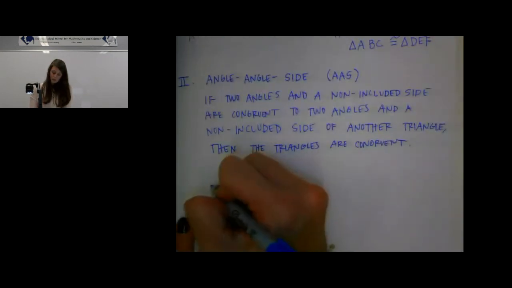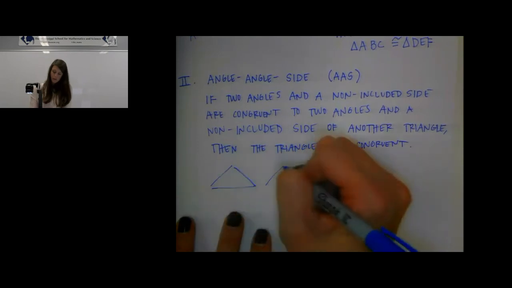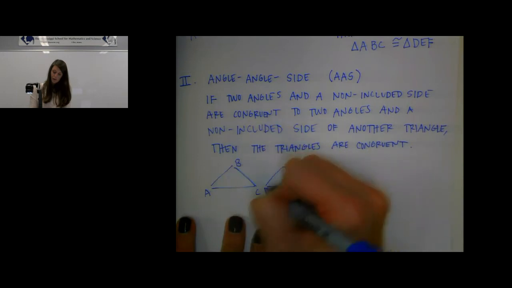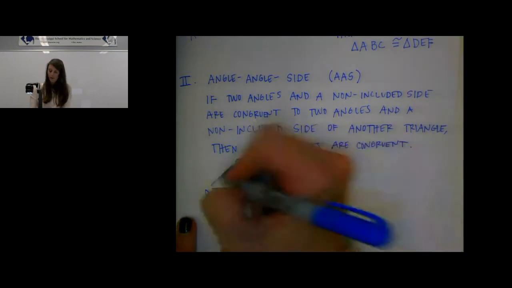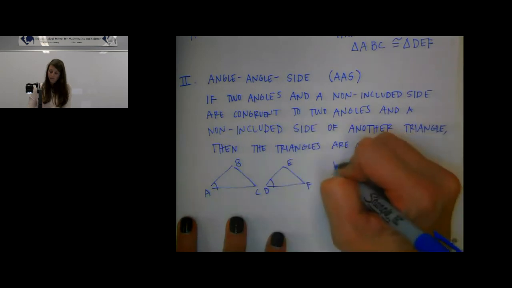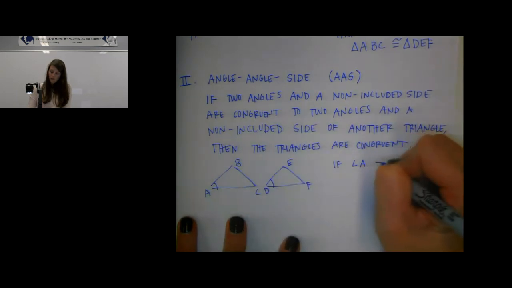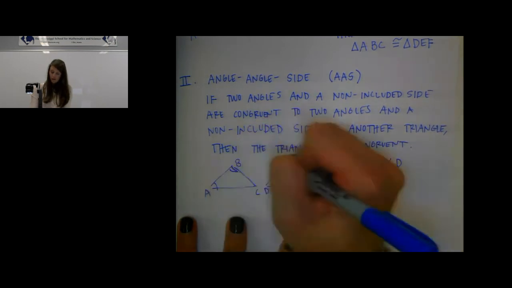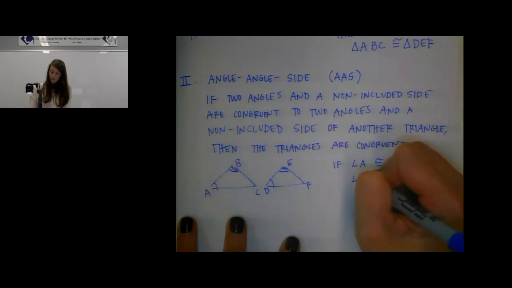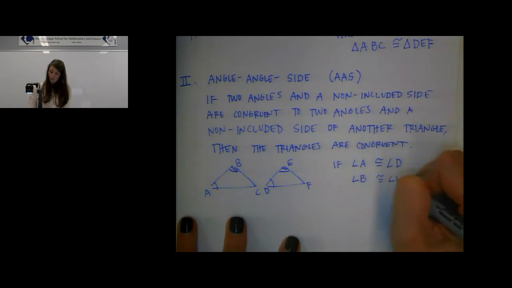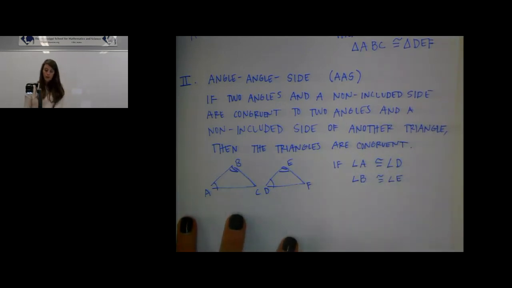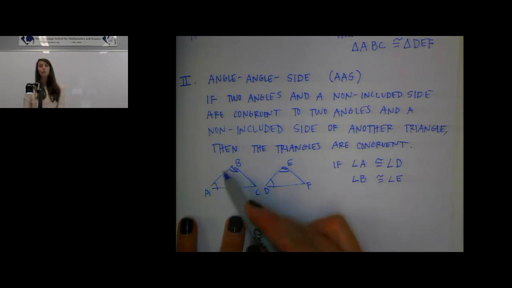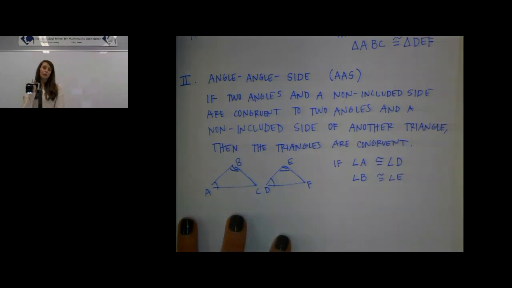Okay, so what does that mean? So I'm going to draw my two triangles again. So ABC, DEF. So what does that mean? That means if angle A is congruent to angle D, okay, angle B is congruent to angle E, all right, now here is the kicker. Now I've got to have a side here. It's not going to be side AB, because that would be angle, side, angle.